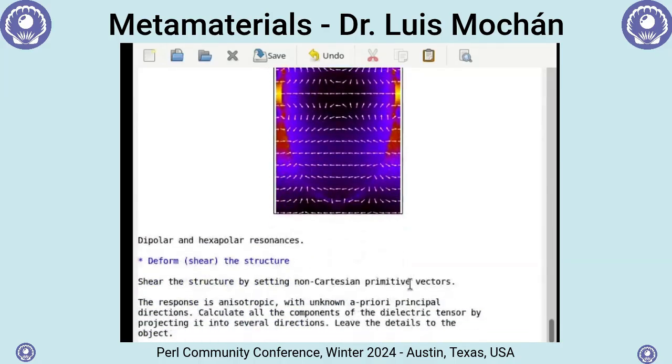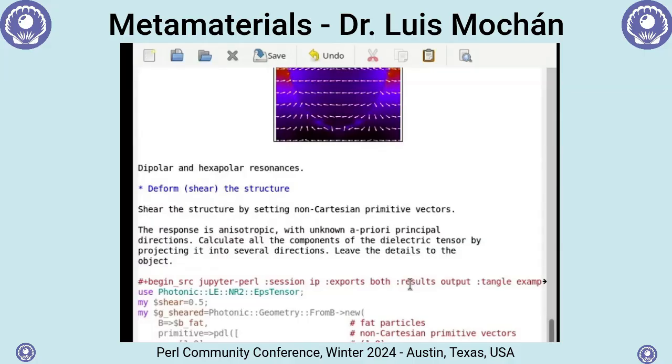So one can do other things. For instance, I can include the specific directions of the primitive vectors so that I can shear the structure. So here I'm going to shear the structure.